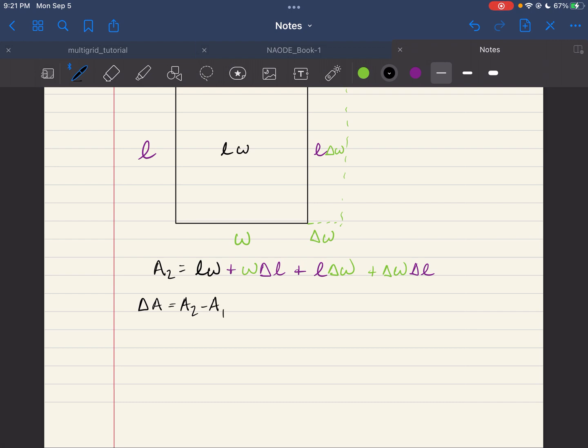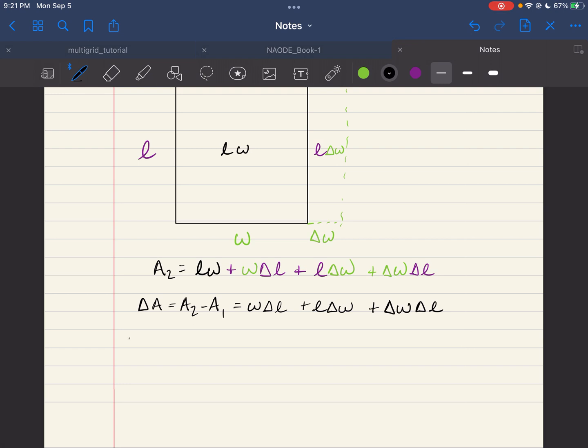So the part that they share is going to cancel out, and then we're going to be left with W delta L plus L delta W plus delta W delta L.